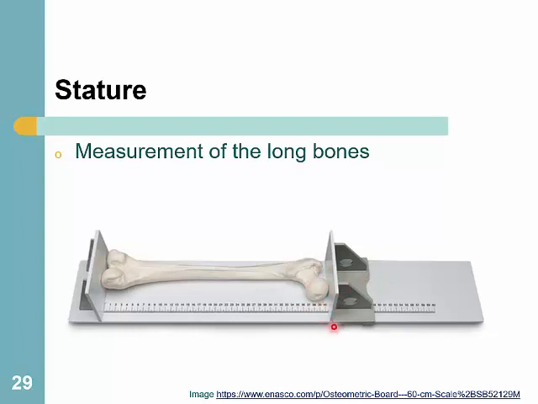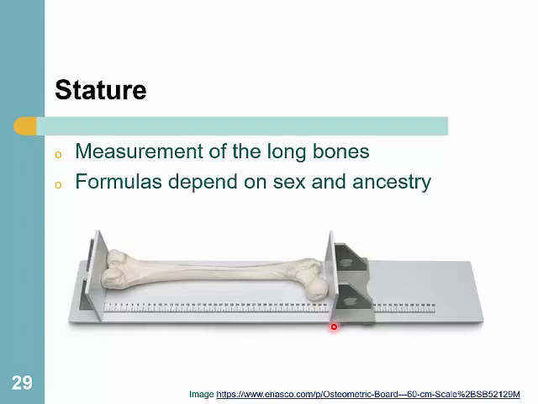As we're going to be doing in the lab, you're going to see that we can take different bones and use some formulas to determine what the height of a person was. And those formulas are based on a person's sex and their ancestry. So there's a lot of different formulas you can use. We're going to simplify it and just use one formula. But if you knew the person's ancestry, you would be able to narrow that down to a more precise formula.